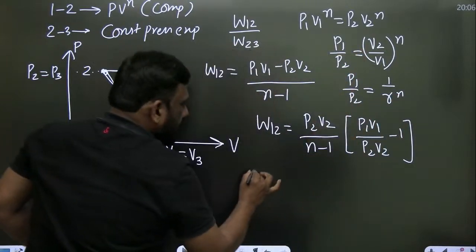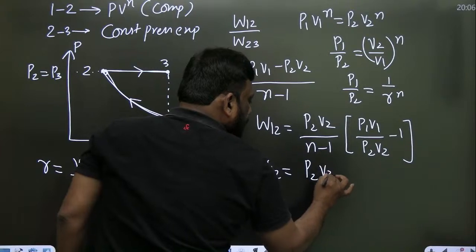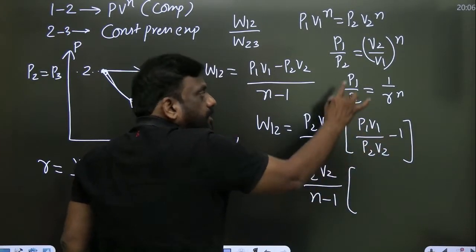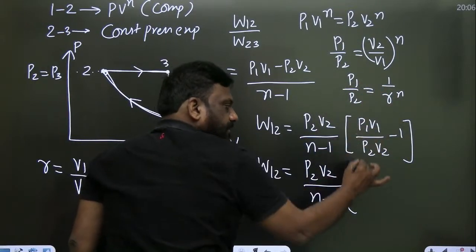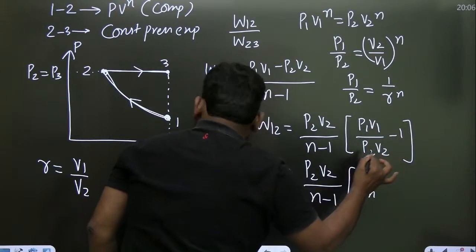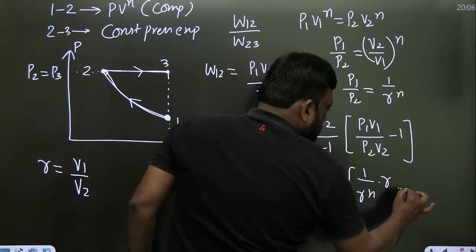ठीक है sir. So I will write the work in 1 to 2 as P2 V2 by n minus 1. देखो P1 by P2. What is P1 by P2? P1 by P2 is 1 by R power n into V1 by V2. What is V1 by V2? It is R. ठीक है sir. Minus 1.